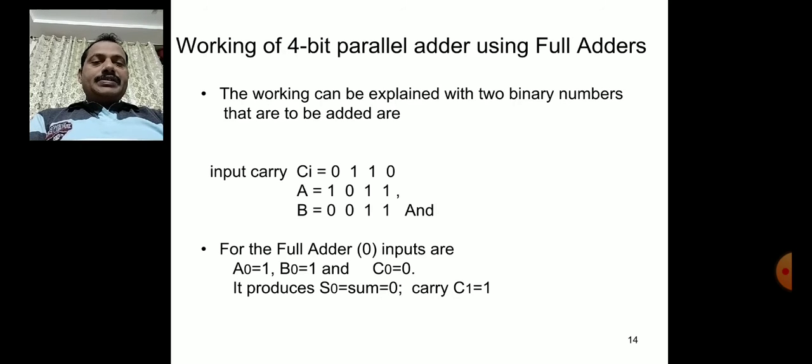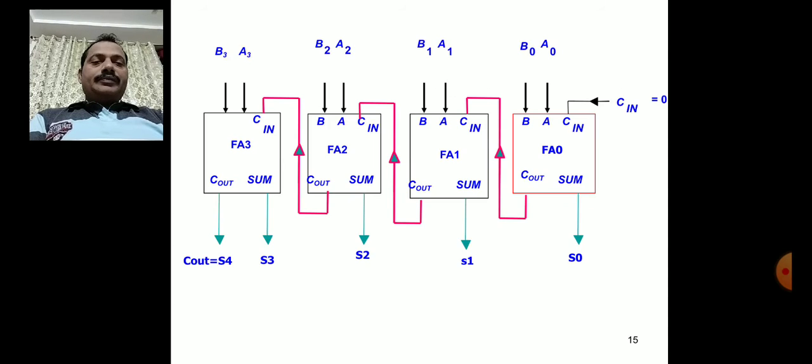It produces sum S0 equal to 0 and carry equal to 1. So observe here, A0 B0 are 1 1 and carry Cin is 0, and this full adder will produce sum 0 and carry 1.